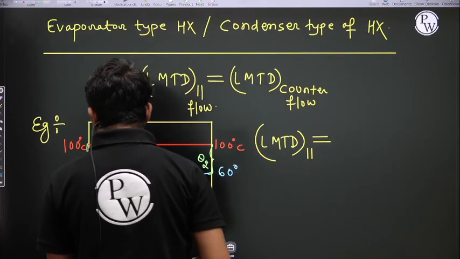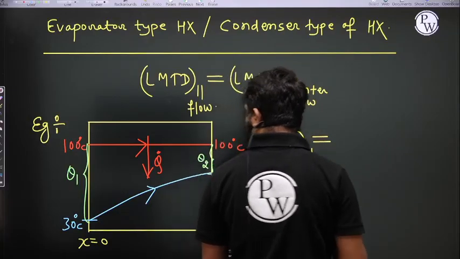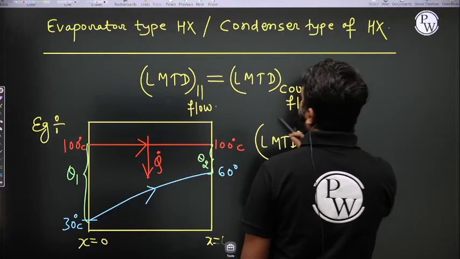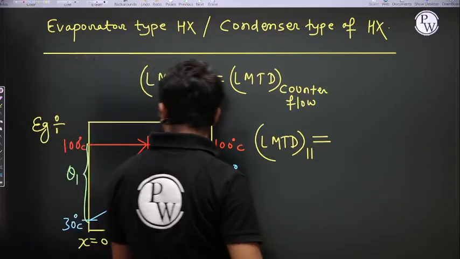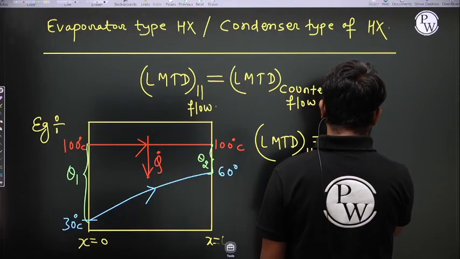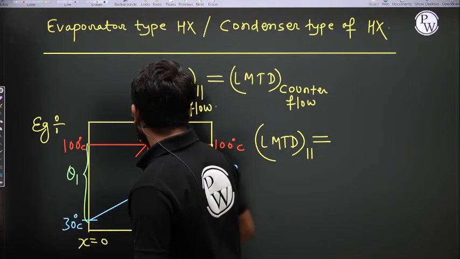So this is 100 minus 30, that means it is 70.